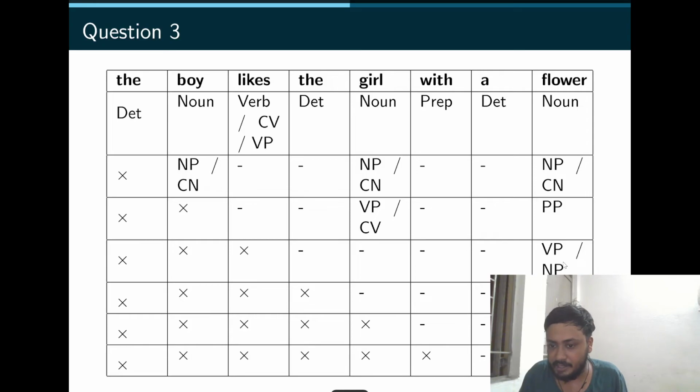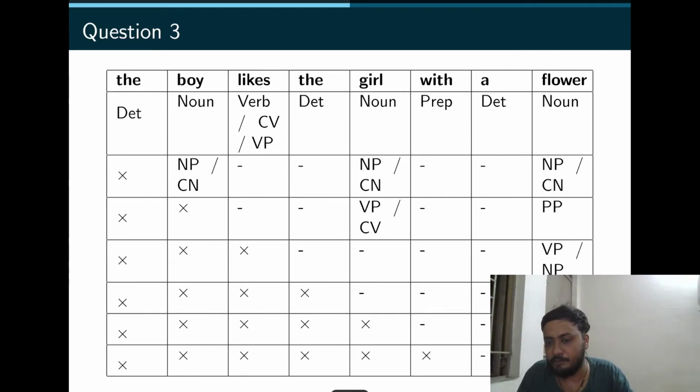That is the only thing you need to keep in mind: at the given stage of the table, how many things are you combining? The second thing to keep in mind is when you are combining, say, the column starting with girl with the column starting with flower, you can combine them at this stage because they are 4 apart, or 3 apart, from each other.